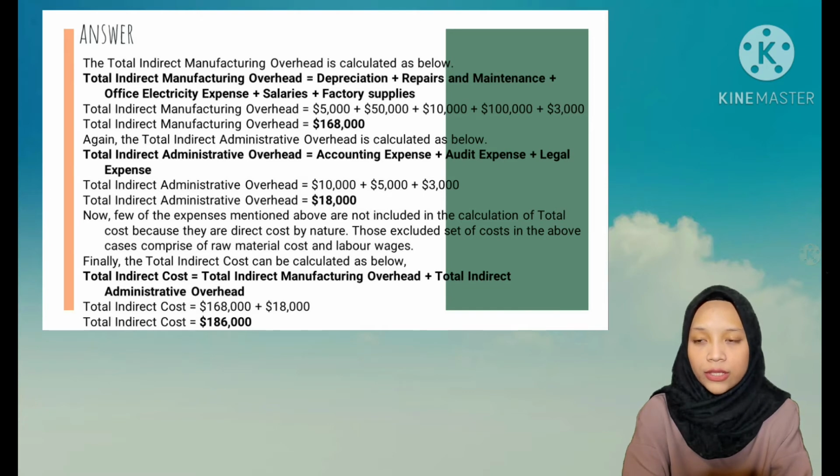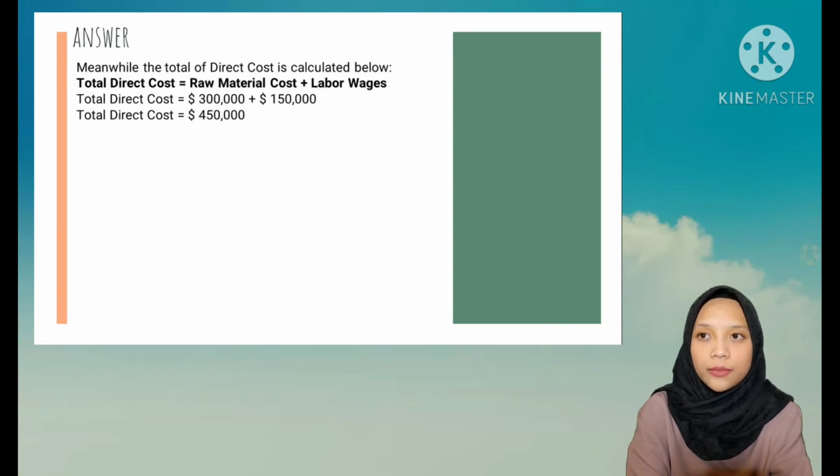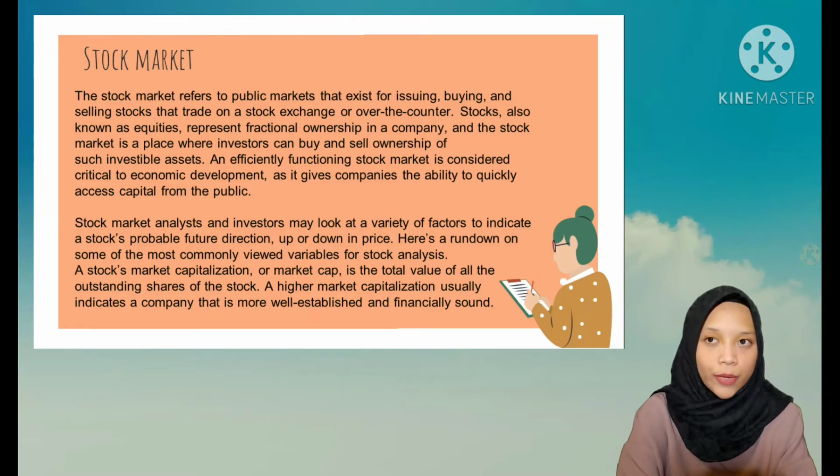So the amount of indirect cost is $186,000. And the total of direct cost can be calculated by raw material cost plus labor wage for $150,000.